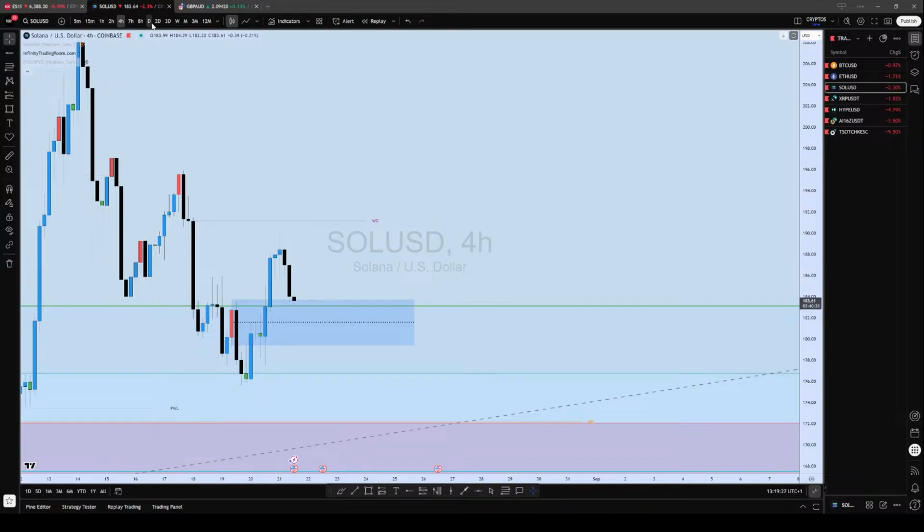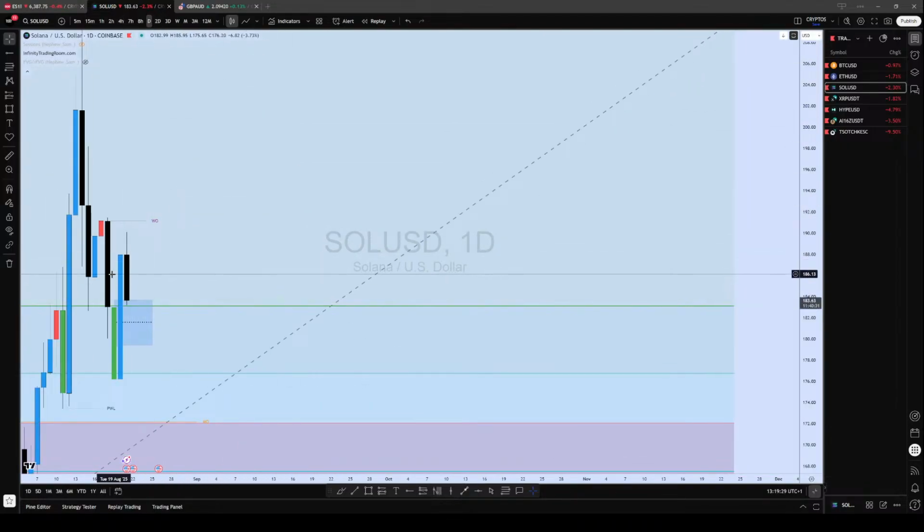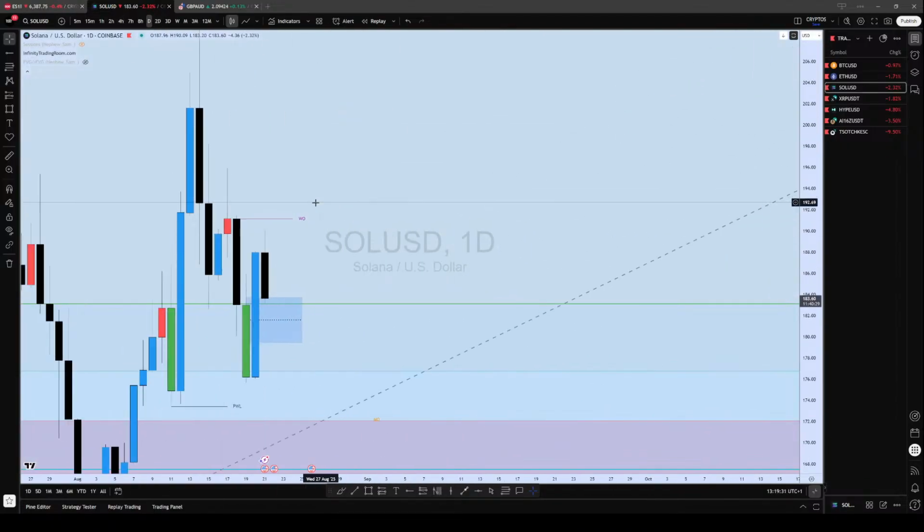Now Solana, on the other hand, managed to close above this down candle, so maybe Solana will consolidate, because now we have this swing high and this swing low, and prices will be stuck inside those two.